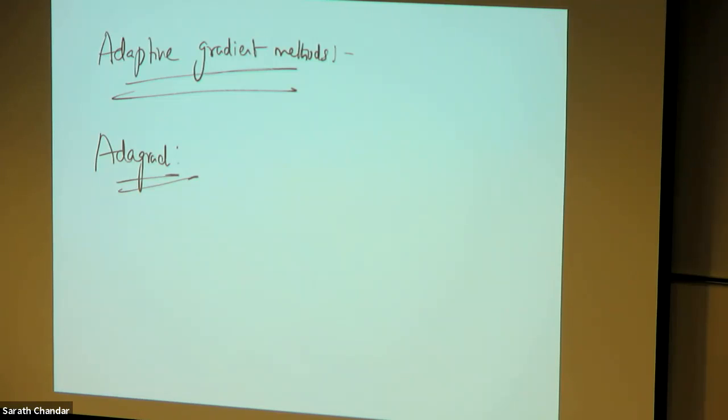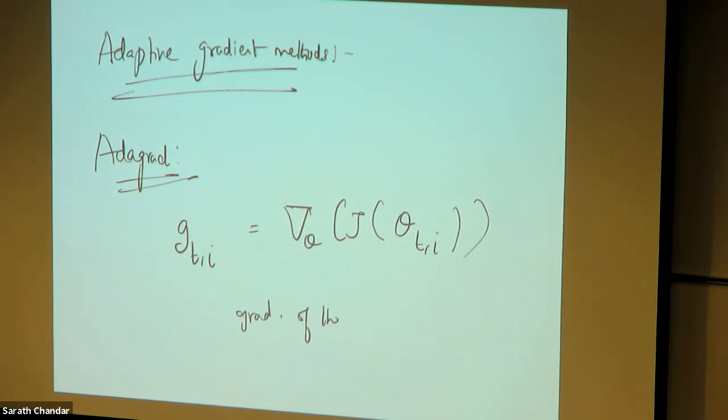Now let's look at AdaGrad first. AdaGrad is really simple. Let's set some notation first. We are going to call g_{t,i} the gradient of the objective function with respect to parameter theta_i, the ith parameter, at time step t.